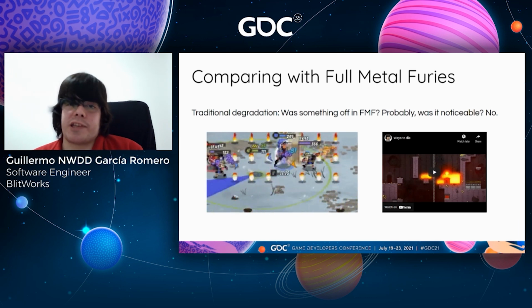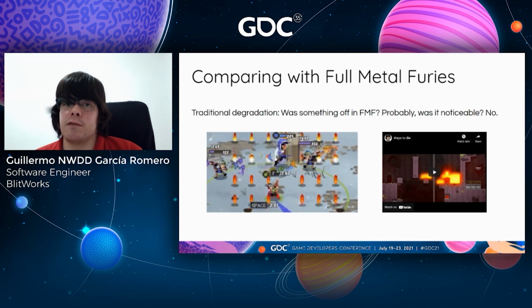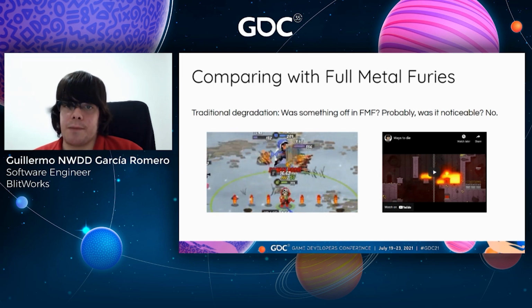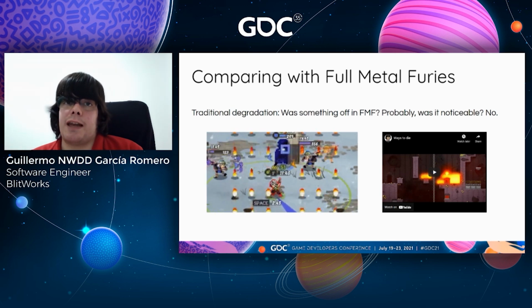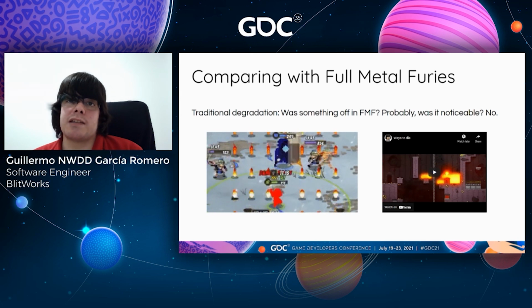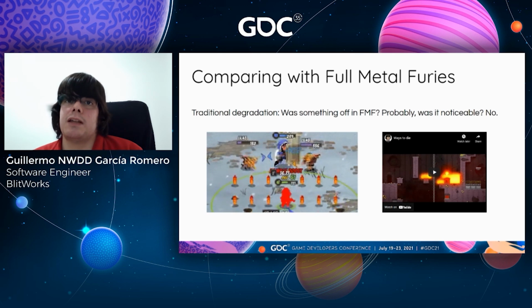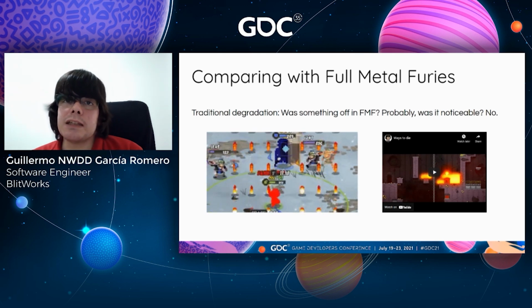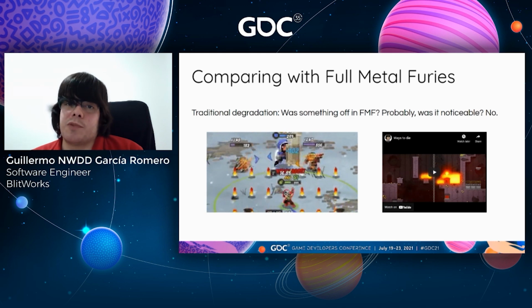Let's compare this with a simple interpolation I developed for a title called Full Metal Furies, released by Cellar Games. Just keep looking at the top right enemy in the left GIF, and you can see the enemy in orange with the last known server position, and the enemy in regular sprite with the local position, okay?